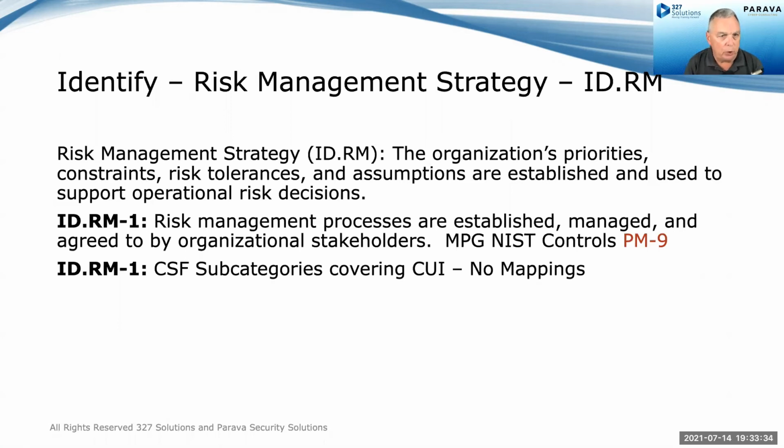The specific control referenced in the manufacturing profile guidance deals with the idea of the risk management processes being established, managed, and agreed to by organizational stakeholders. There is no equivalency within 800-171.